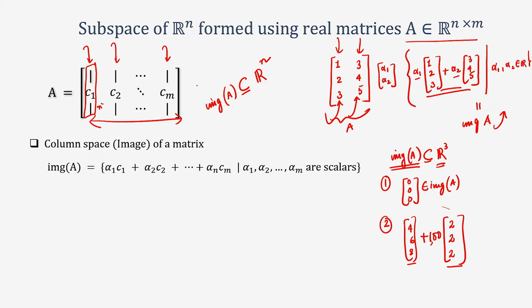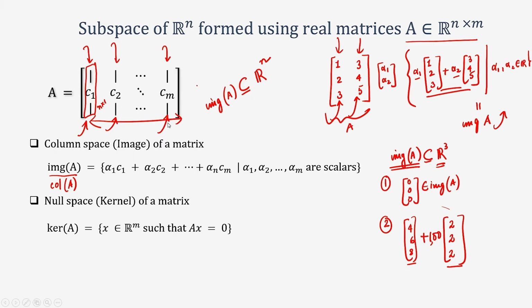These vectors are n cross 1, so any element in the image of A must be an n cross 1 vector. So, image of A will be a subset of R n. The symbol that is used is image of A. In some books you will also find it to be column space of A. Why is it called column space of A? Because you are taking linear combinations of the columns of the A matrix.